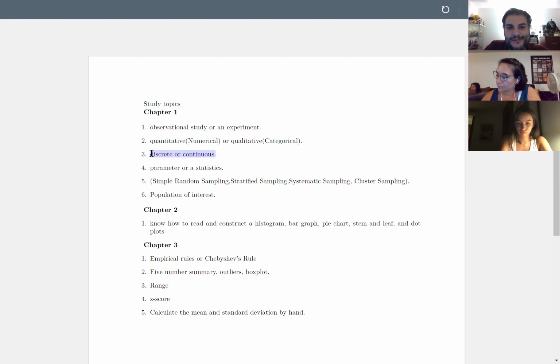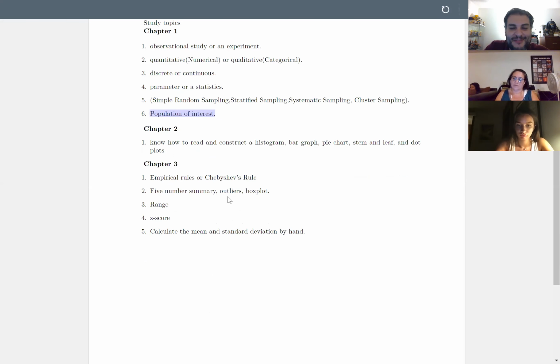What about parameter versus statistic? What about sampling distribution? What about population of interest? All right, good. No questions for chapter 1.